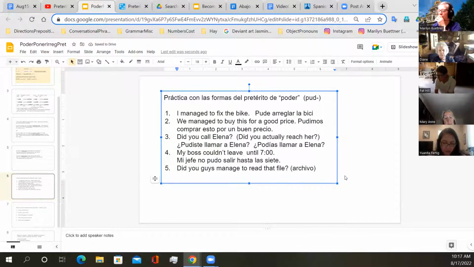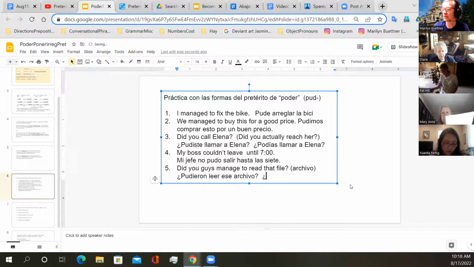And did you guys manage to read that file? And file is archivo. Pudieron leer ese archivo. Did you actually get it done? This question phrased this way, podían leer ese archivo, would really imply something else.